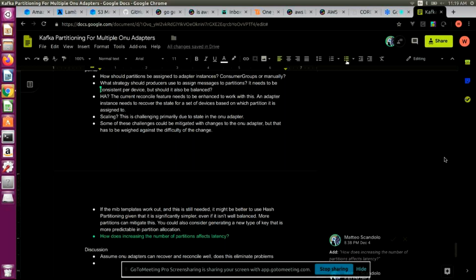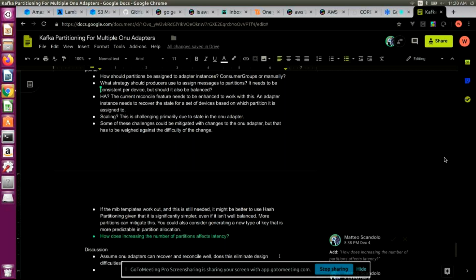Okay, because based on what Matt was saying, that was kind of my thinking too. If we know that one ONU adapter can support 50 ONUs, we can start with a certain number of partitions, and as soon as the devices connect, they start filling up the partitions. We don't really need to have them balanced across partitions, at least at the beginning, because we know that one single adapter can support so many ONUs.